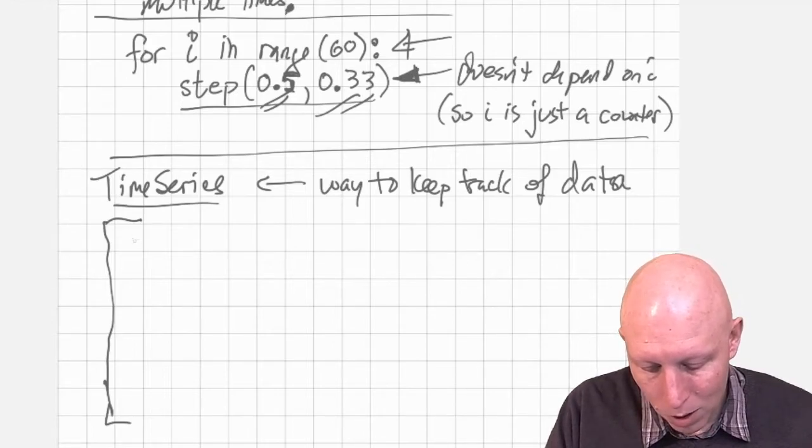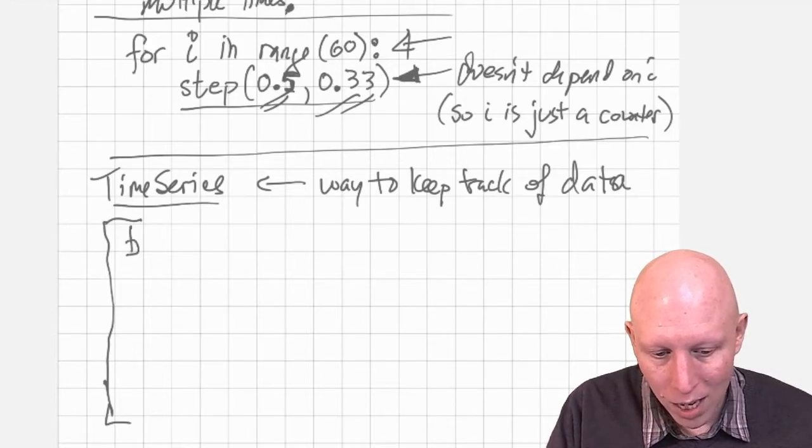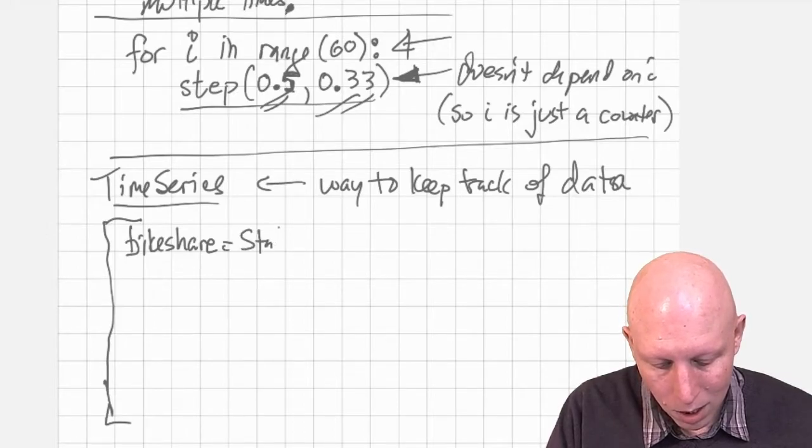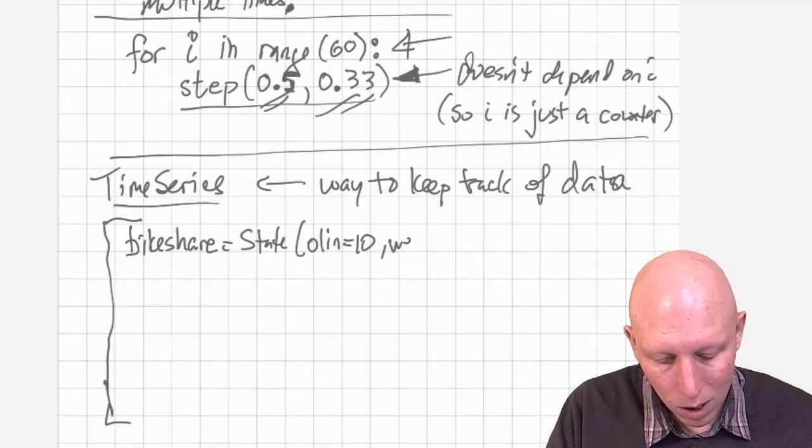So the first thing we want to do is reset our bike share. So we have bike share equal to a state object that has Olin equals 10 and Wellesley equals 2.